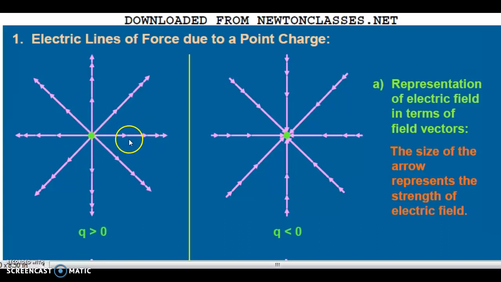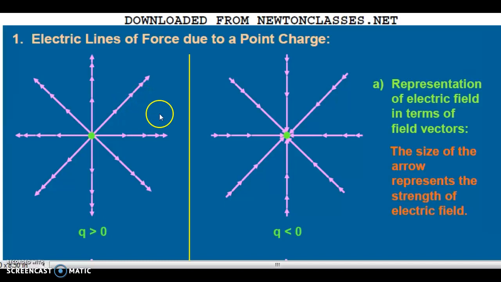Further, what I need to understand is that whatever is the strength of electric field at this point, this point, this point, all these electric fields will have equal values because they are all at equidistant points from the charge Q. Whereas all the exterior points, all those points which are away from that, will have less value of electric field intensity.